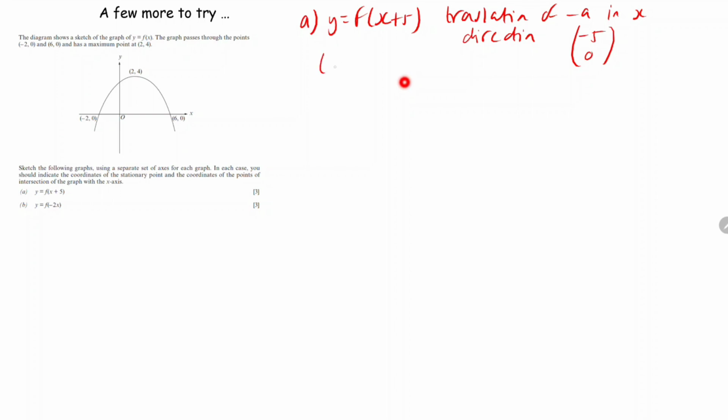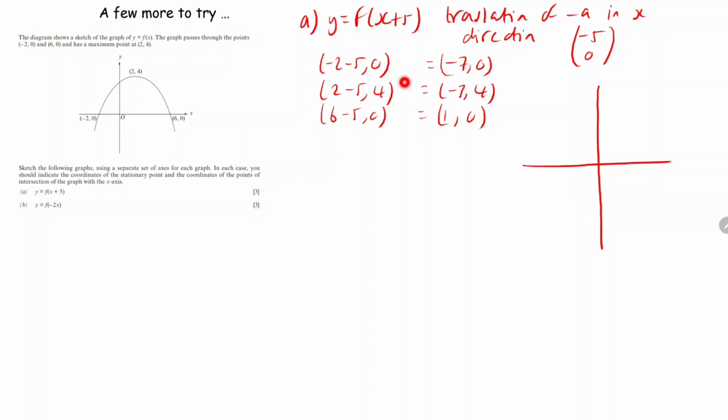So our new coordinate sets are going to be minus 2, minus 5, 2 minus 5, 4, and 6 minus 5, 0. So the coordinates are going to be minus 7, 0, minus 3, 4, and 1, 0.